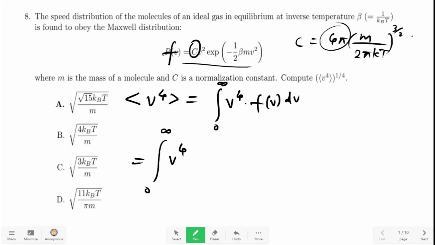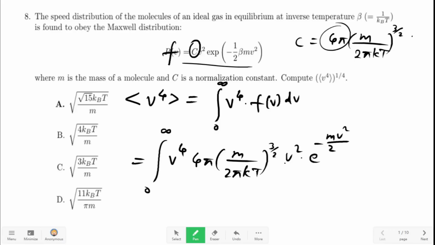So if you put the value of f in the integral, we will get 4 pi times m by 2 pi kt the whole raised to 3 by 2 times v square e raised to minus mv square upon 2 kt. Beta is 1 by kt. Then we have dv here.